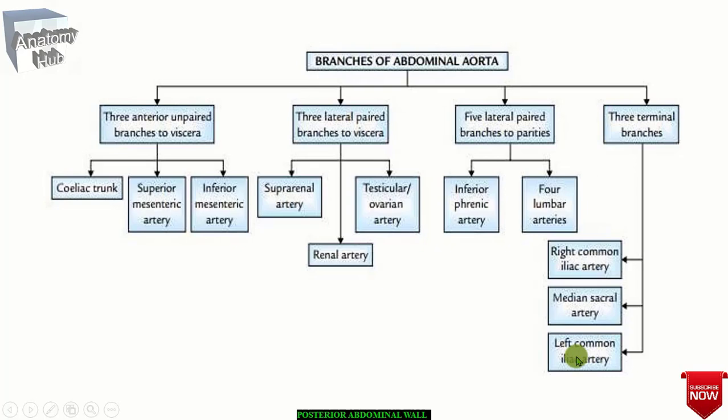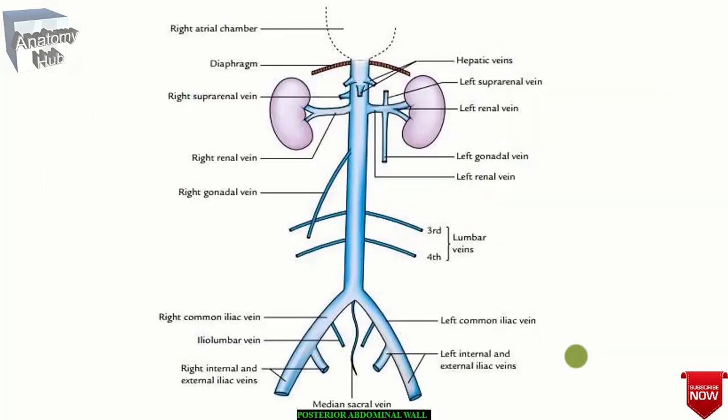So after this artery, we'll study the vein. Here you will also find the inferior vena cava that you can observe over here. This IVC, or the inferior vena cava, is the largest and widest vein of the body, and it drains most of the blood from the body below the diaphragm into the right atrium of the heart.